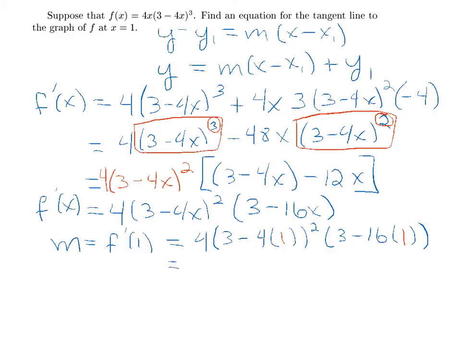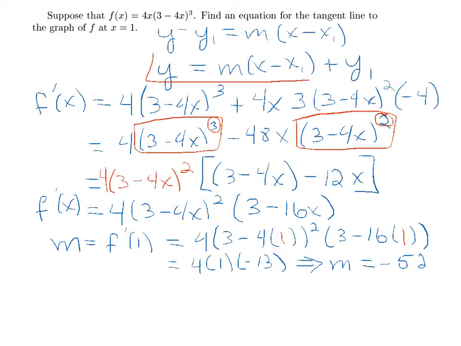So 3 minus, let's see, order of operations, 4 times 1 is 4, so 3 minus 4 is minus 1, minus 1 squared is 1. So I have 4 times 1, 3 minus 16 is minus 13. And so that implies that the slope is 4 times minus 13, which is minus 52. All right, outstanding.